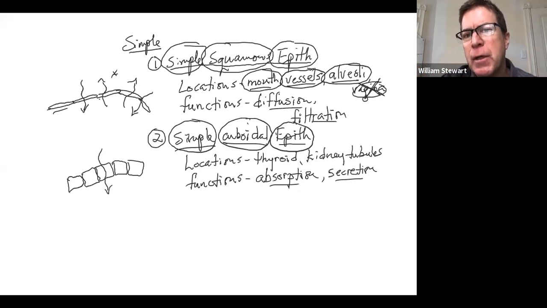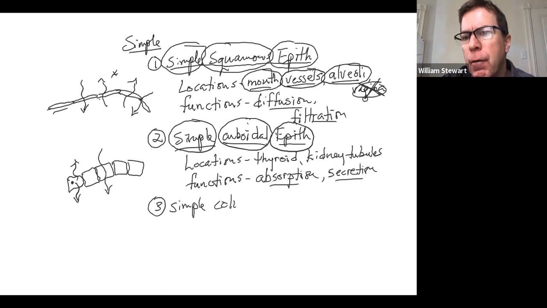It's for absorbing something like nutrition or reabsorbing in the kidney. We reabsorb constituents that we don't want to get rid of in our urine. Secretion literally means this cell itself produces some sort of a secretion and then releases it.